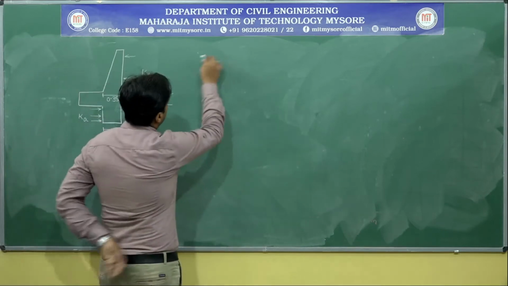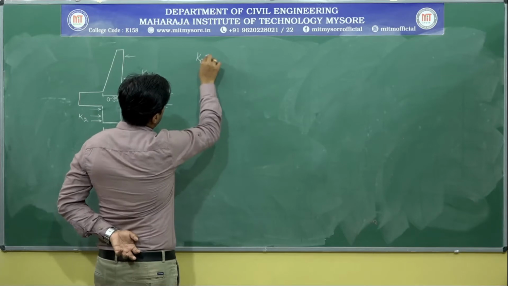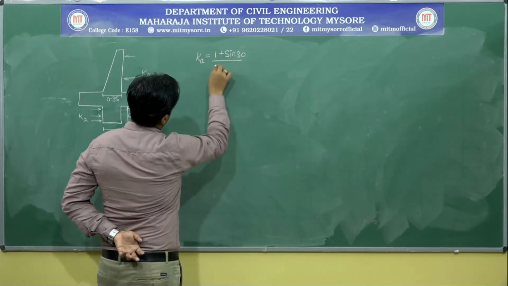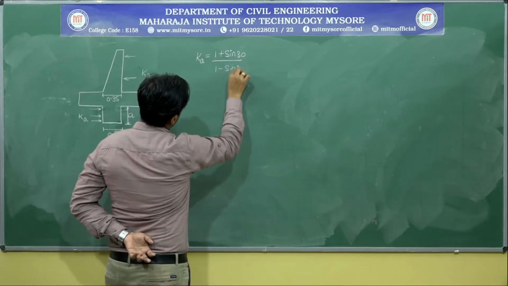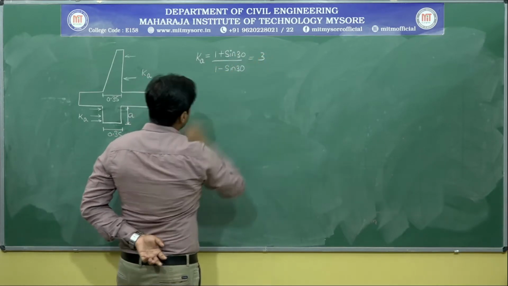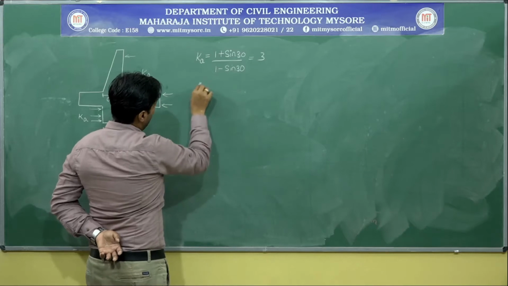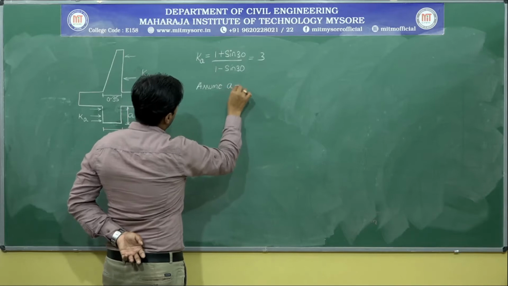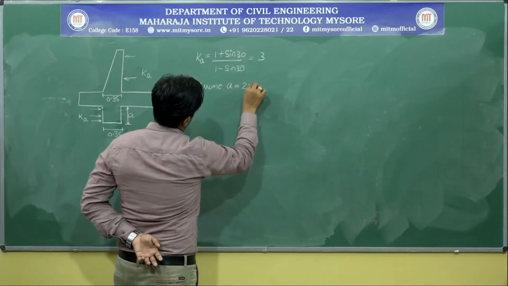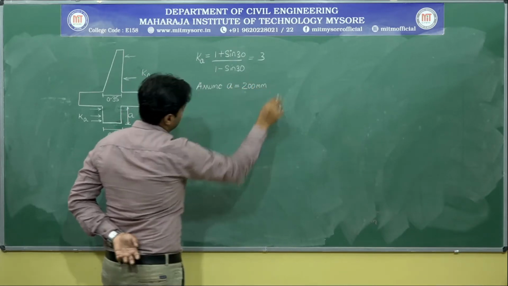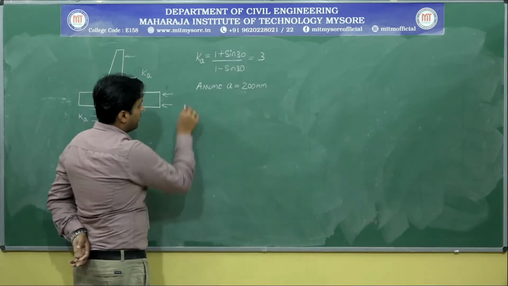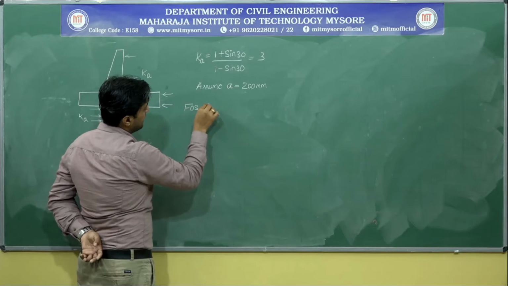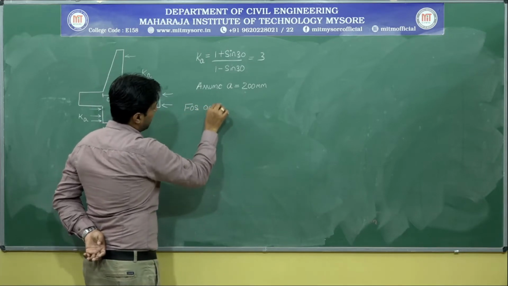Now Ka, in the last class we have calculated, sin 30 by 1 minus sin 30, so it is 1/3. Assume A is equal to 200 mm. Here also the same thing, factor of safety against sliding.